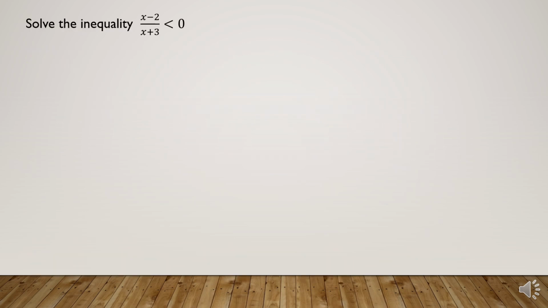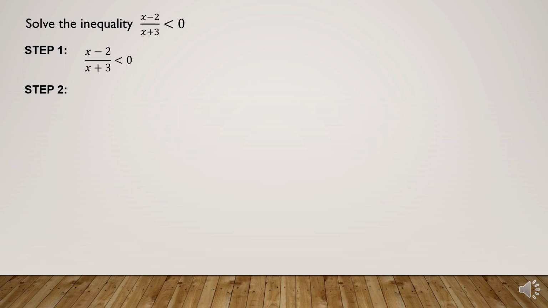Let us now solve the inequality (x minus 2) over (x plus 3) is less than 0. Step number 1, we need to write the given inequality in general form. You have observed that it is already in general form. We will now proceed to step number 2 to find the critical values of the given inequality.